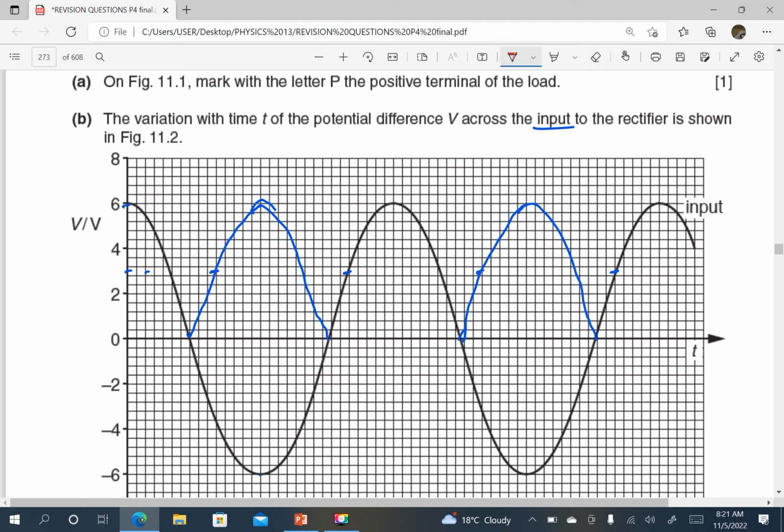I can first draw some kind of curve, and then it goes to 3 volts. Why is this very hard for me? It is not easy to draw on a computer, but I'm trying.